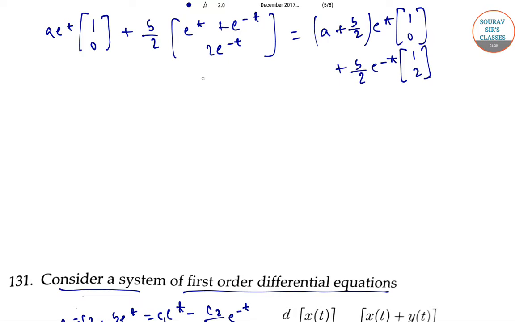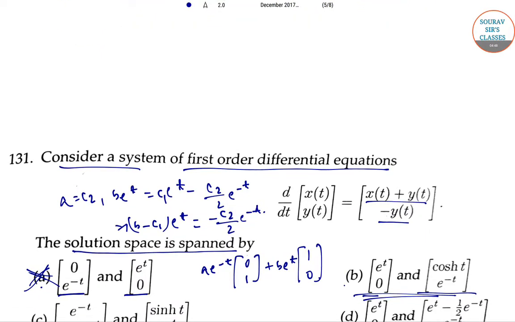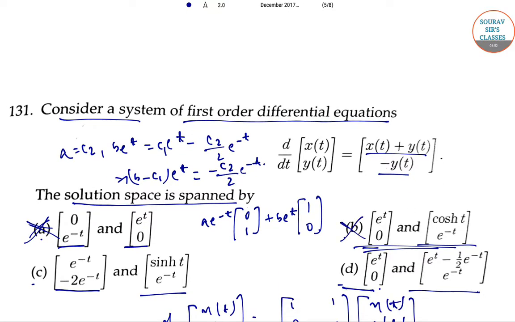Comparing it with the solution, we get b is equal to c2 and (a + b/2 - c1) e^t is equal to -c2 e^-t. So again, this condition is not possible for large t. Thus option B is incorrect.